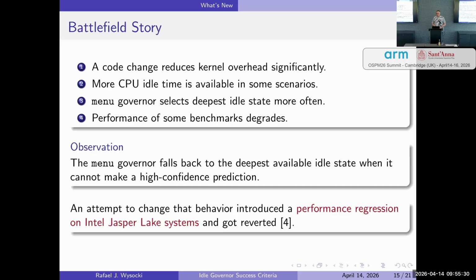We did some investigation, and it turned out that the menu governor falls back to the deepest available idle state when it cannot select anything else. It has this kind of logic, which may not look like a super good idea, because it's very conservative.